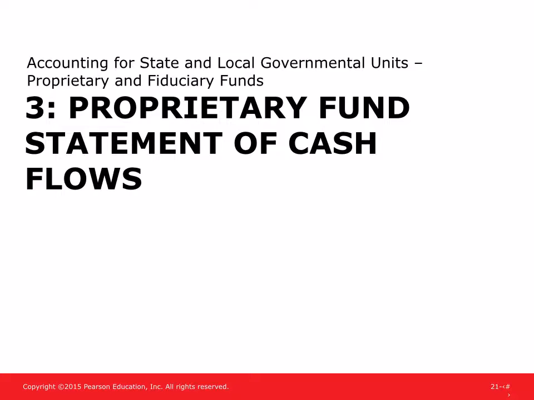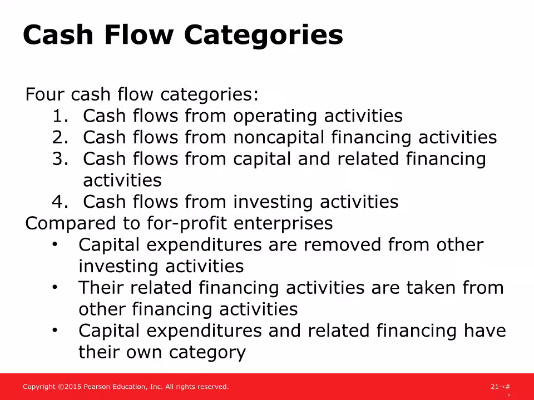So now we're going to look at the statement of cash flows for proprietary funds. These are the various categories that you would see on the statement of cash flows. These last three bullet points here you see are how the statement of cash flows for governments might differ from a for-profit enterprise.